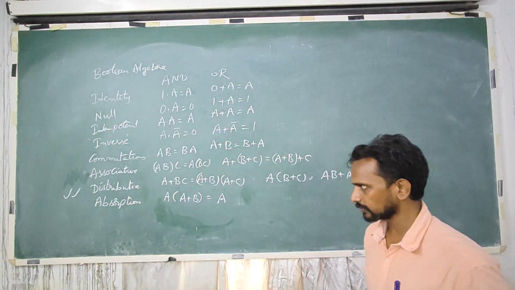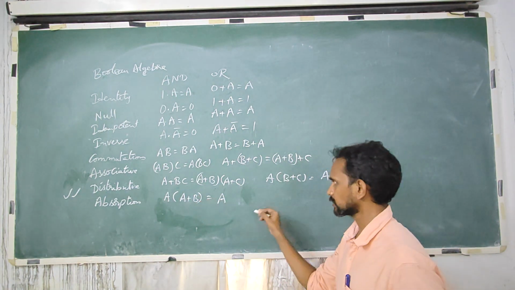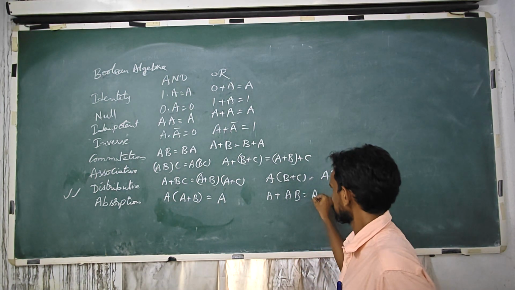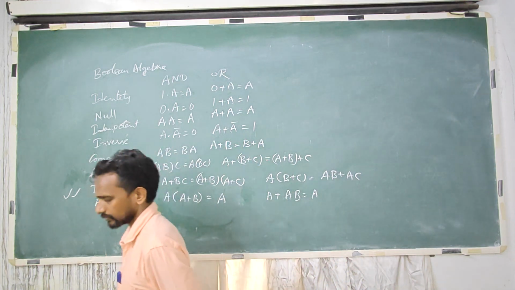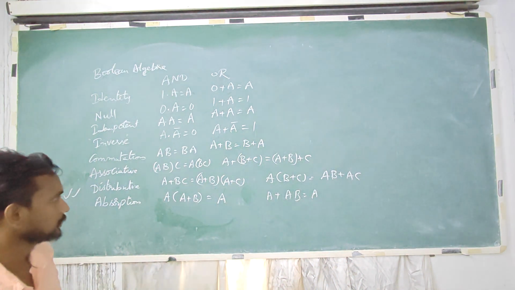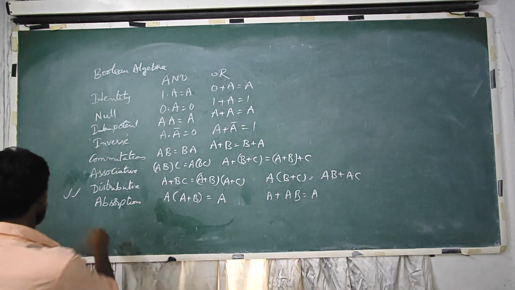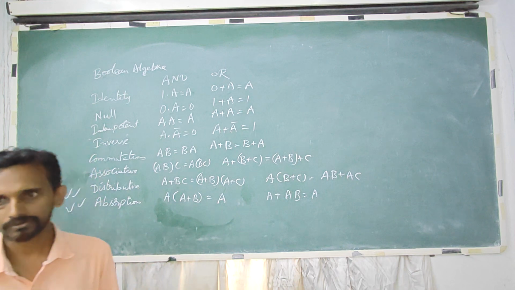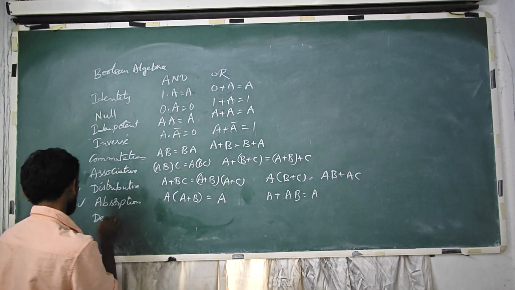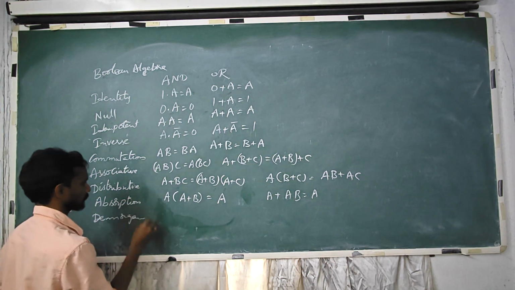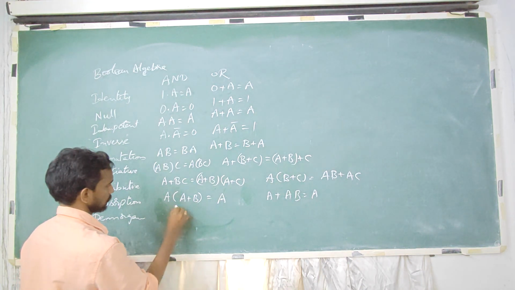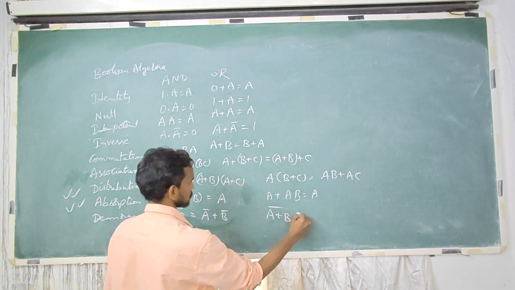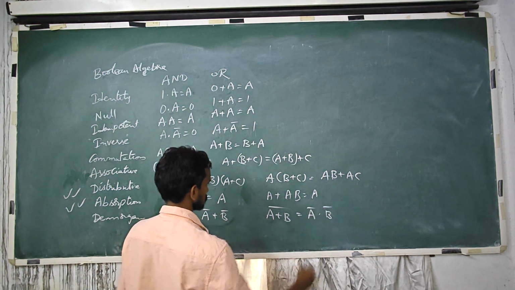If we replace multiplication with addition, A plus AB is equal to A. The last one, De Morgan's laws. AB whole bar is equal to A bar plus B bar. A plus B whole bar is equal to A bar dot B bar.